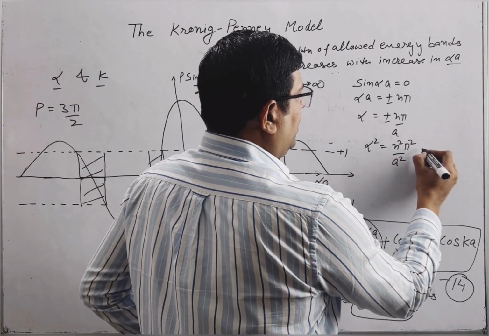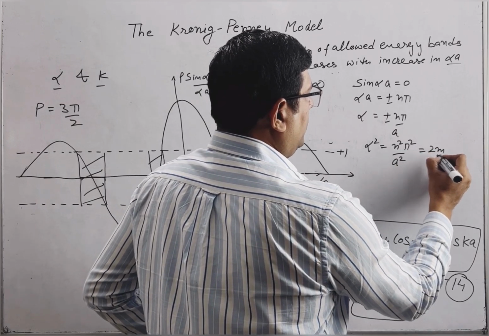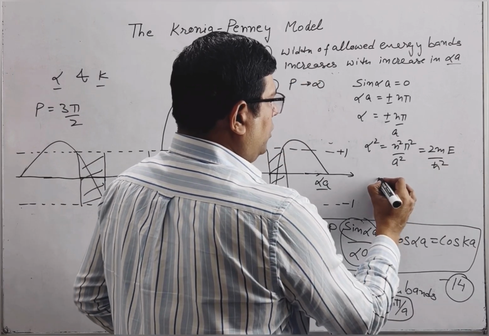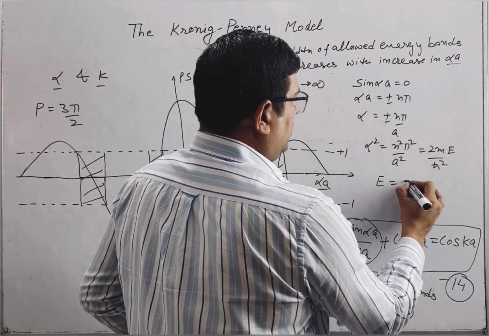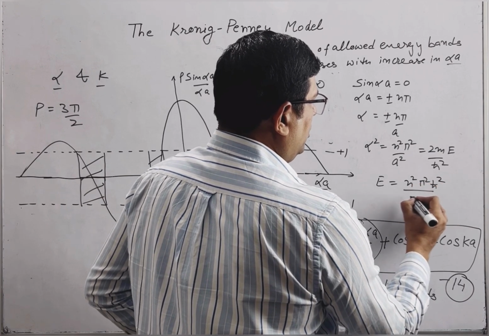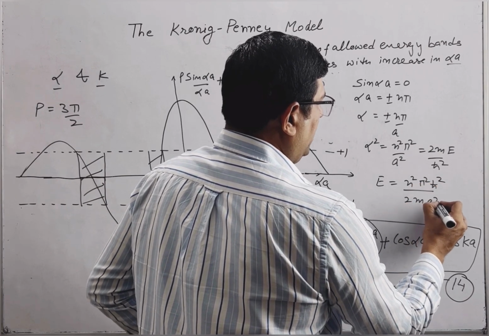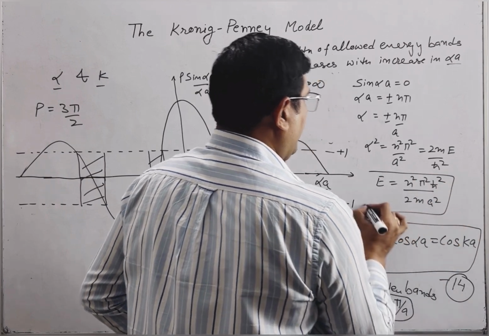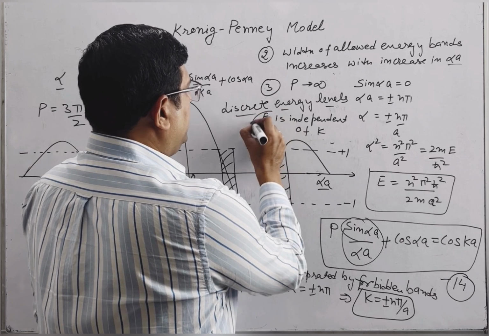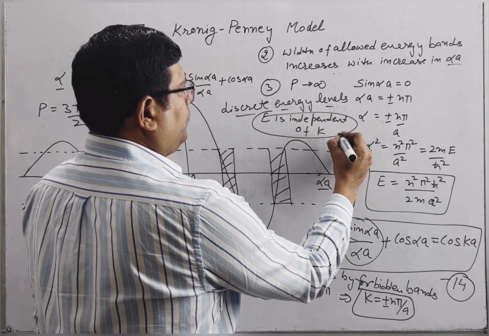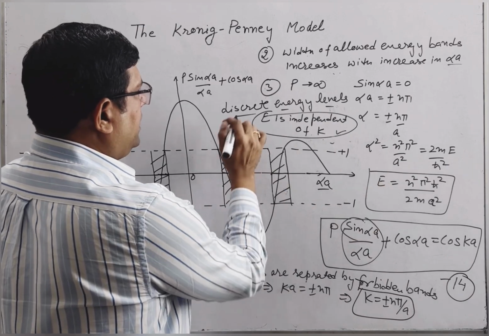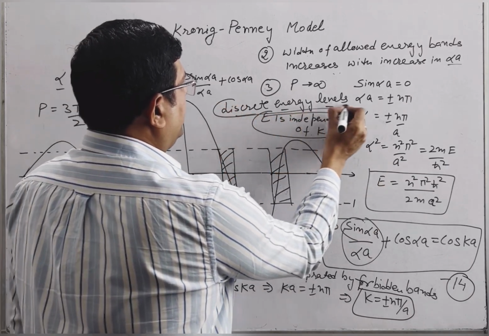Also we know alpha square equal to 2mE upon h cut square. So from here we get E equal to n square pi square h cut square upon 2m a square. Here we can see clearly that this energy is independent of k, propagation constant, and energy levels obtained in this case are discrete energy levels.